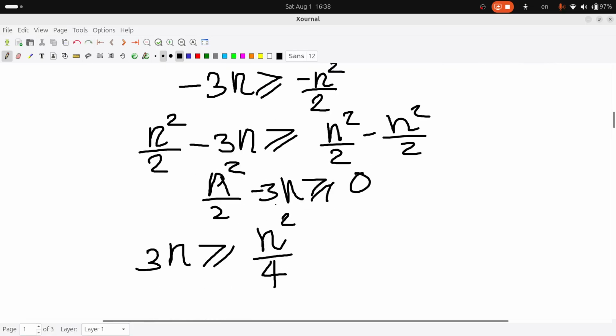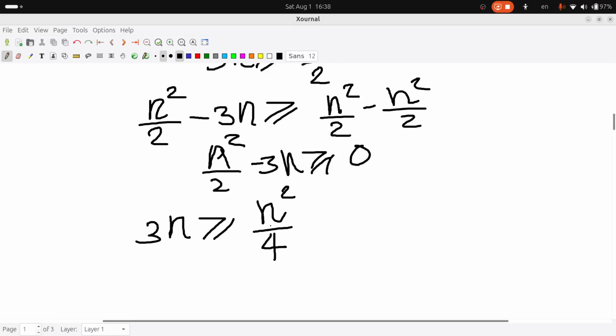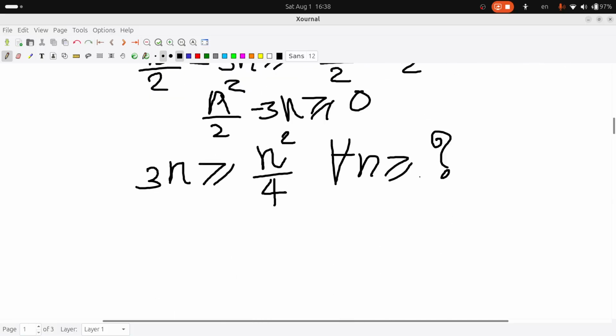What about we try something smaller, like divided by 4, for all n greater than something, and we have to find this starting point. The hardest part about this is finding this inequality. You have to practice to find it, and it will make your life easier.